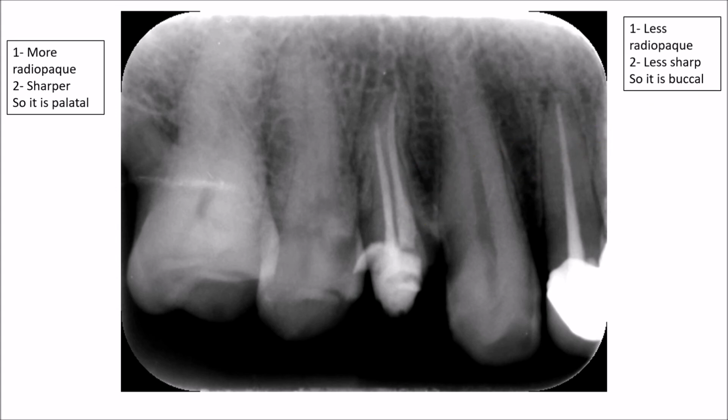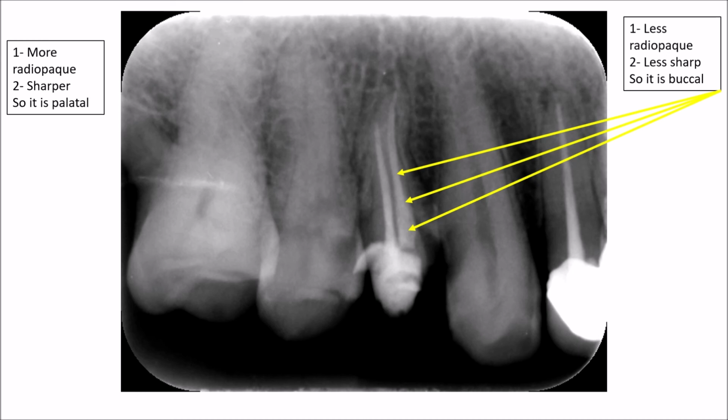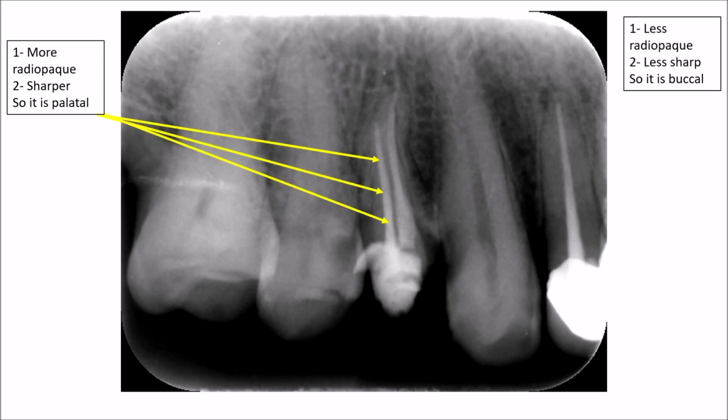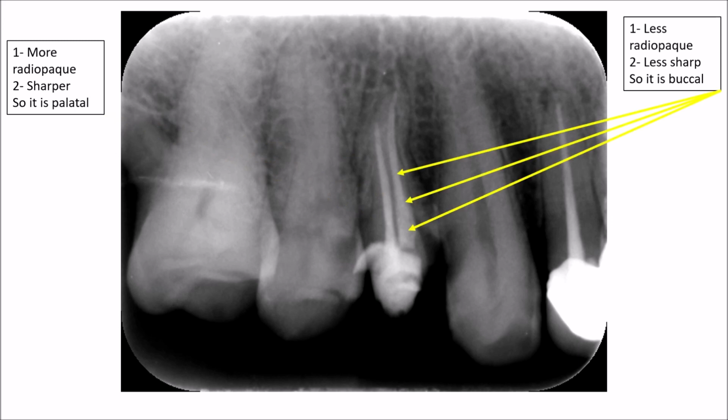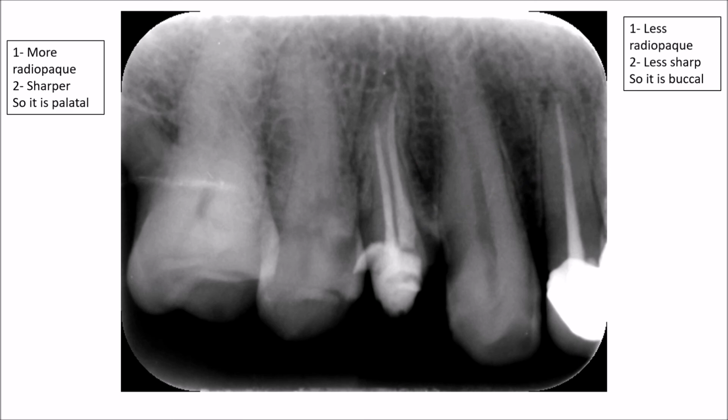If we have a closer look at this radiograph, you see as it is pointed, the gutta-percha filling here on the left side appears more radiopaque and sharper than the one which is just next to it. So if it appears sharper and more radiopaque, then we know that this object is closer to the film, which means in this case it is the palatal canal.